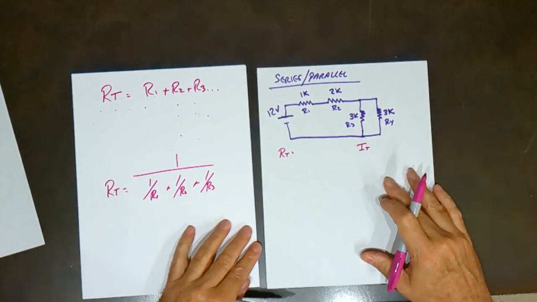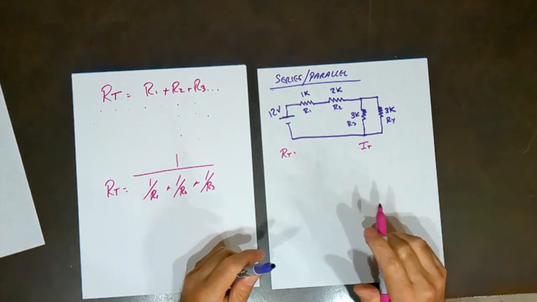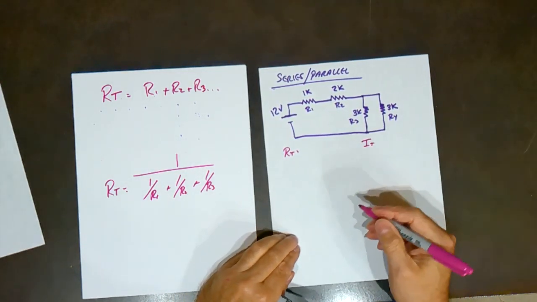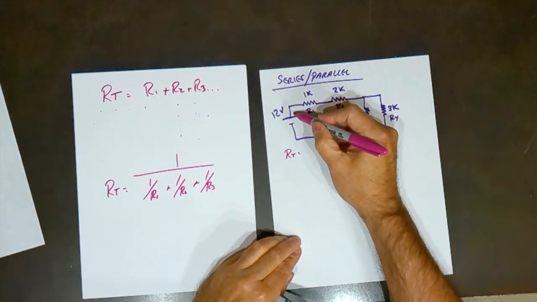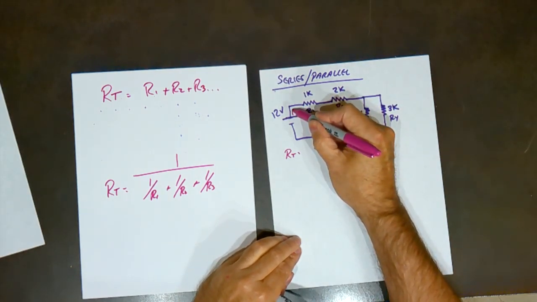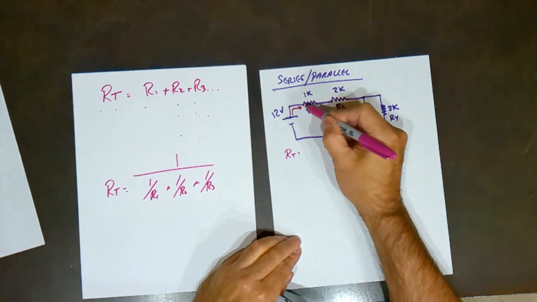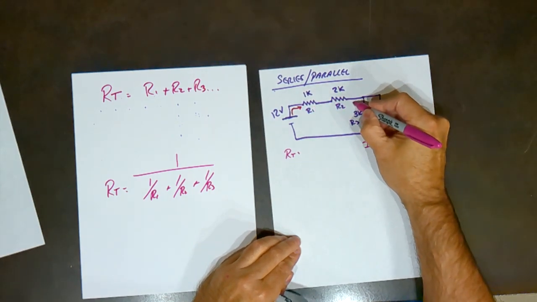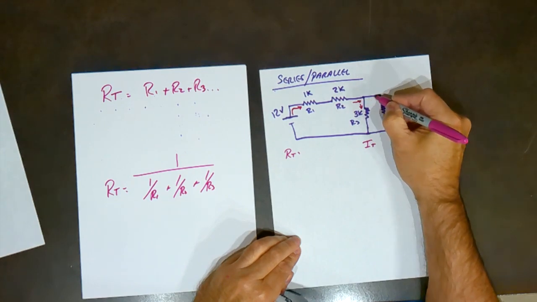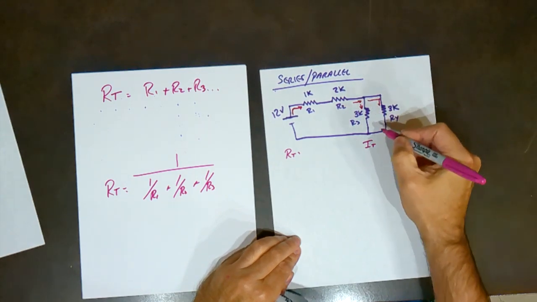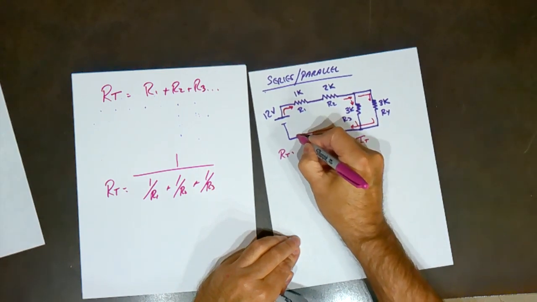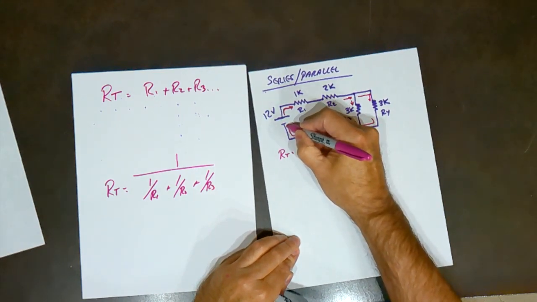So what we're going to do is examine the circuit. The first thing I always suggest is mapping the total current in the circuit. The total current will leave the source and travel through that resistor, comes here, then splits, rejoins, and then flows back to the supply.